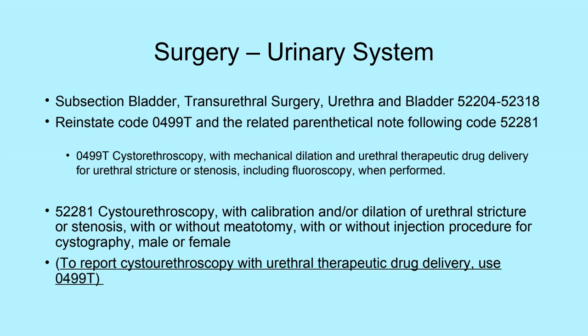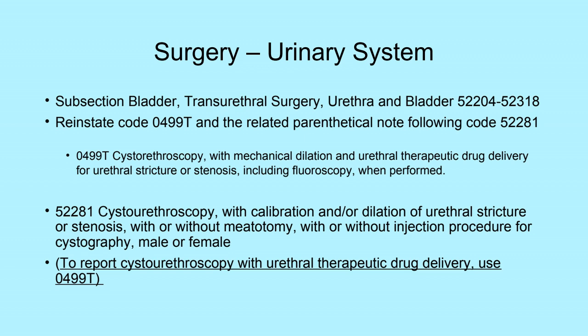Okay, the urinary system. Subsection bladder, transurethral surgery, urethra and bladder. It's 52204, 52318. A code was taken out in category 3, 0499T, but now it's been reinstated, and I'll talk about that more when I talk about category 3. The parenthetical following code 52281 was also reinstated, put back in.